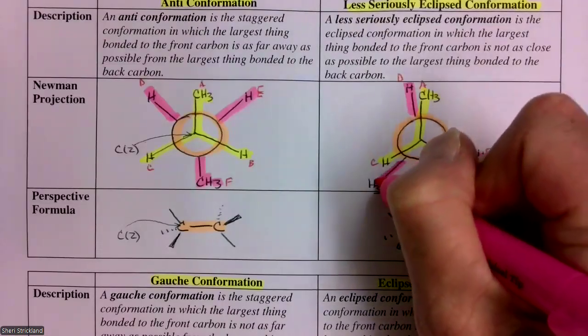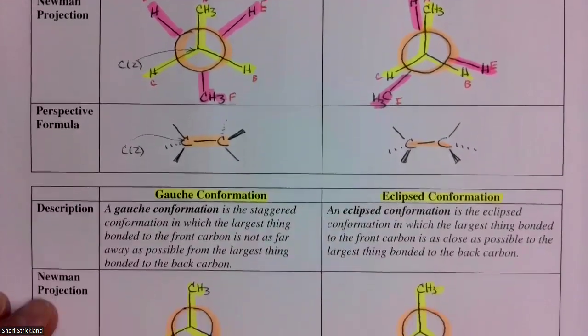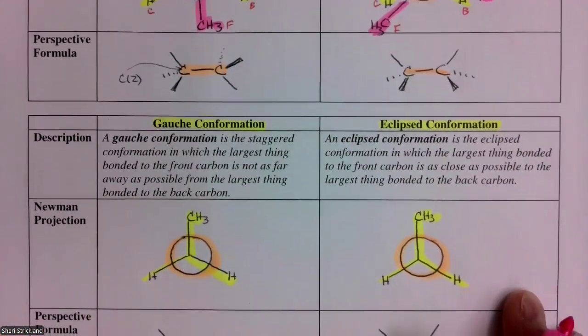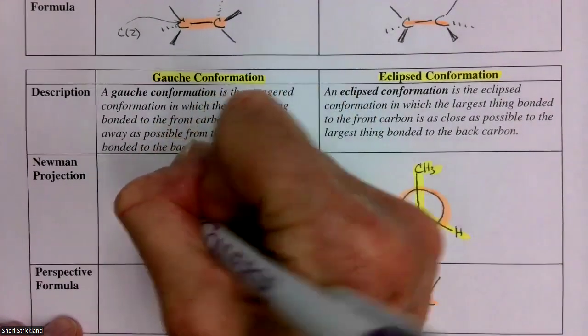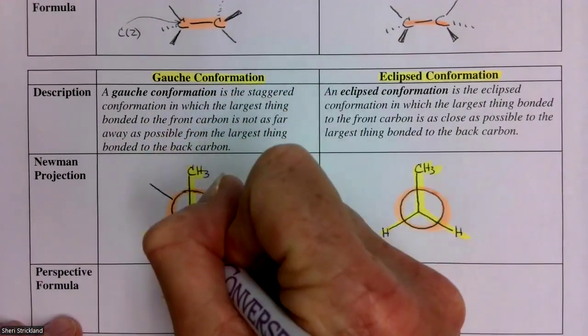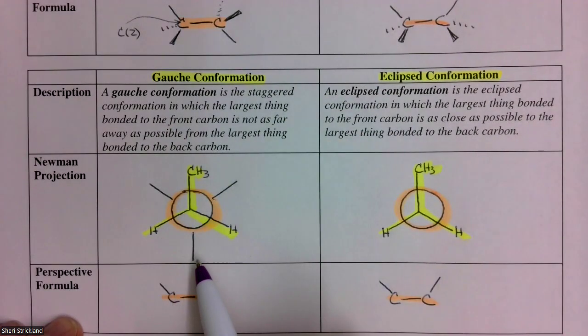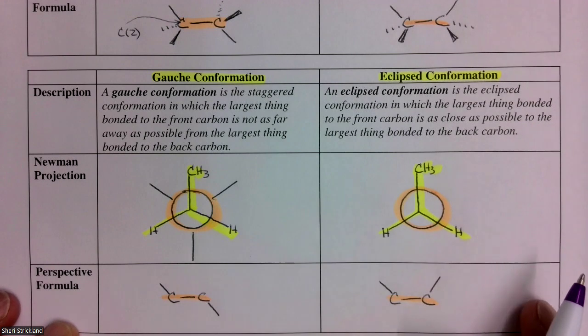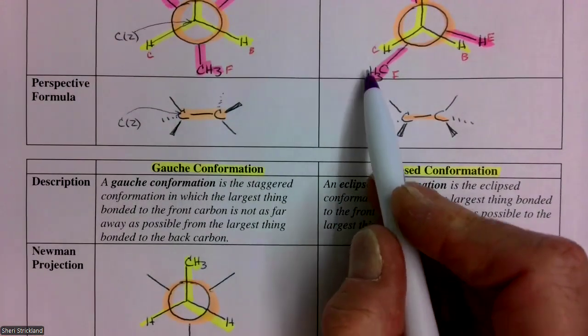All right, so let's do another turn to the right. And that gets us to the second staggered conformation. So we've got that same kind of arrangement of the 3 bonds in the front with the 3 bonds in the back. But now the methyl group has moved from here over to here.